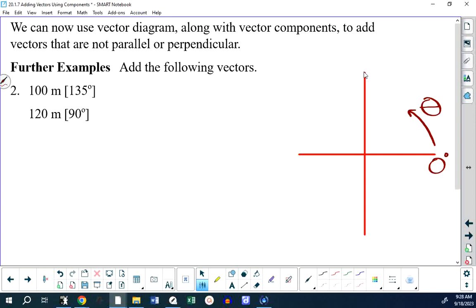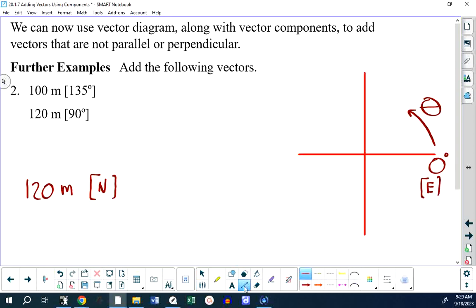Well, 90 degrees is north. When you rotate 90 degrees from 0 up here, 0 is essentially east, so 90 degrees will be pointing north. If I take a vector and rotate it 90 degrees, it's north. If I rotate this vector 135, I'm already at 90.